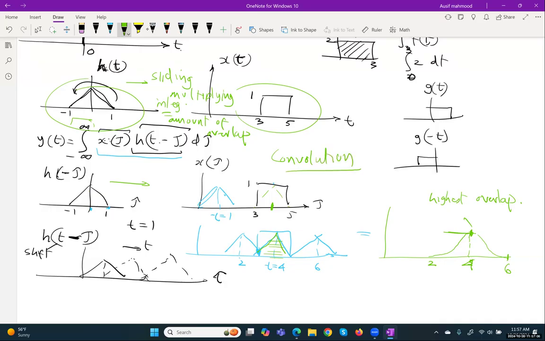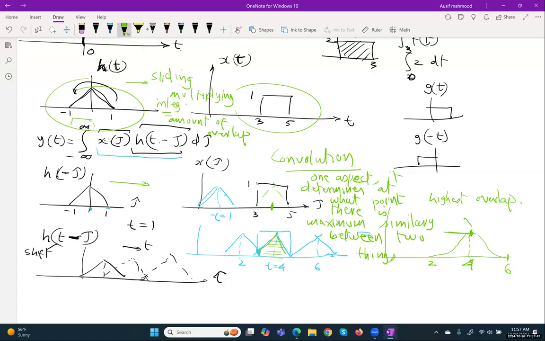So you can intuitively think of the convolution as, okay, one aspect of it. It has another aspect as well. So one aspect is it determines at what point there is maximum similarity between two things.